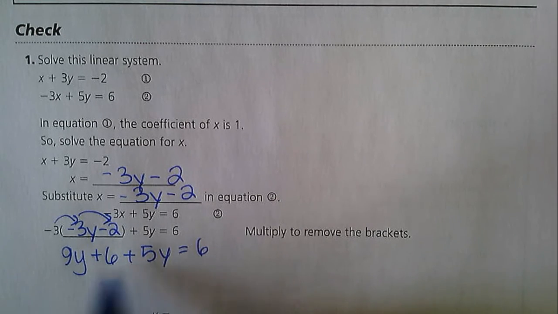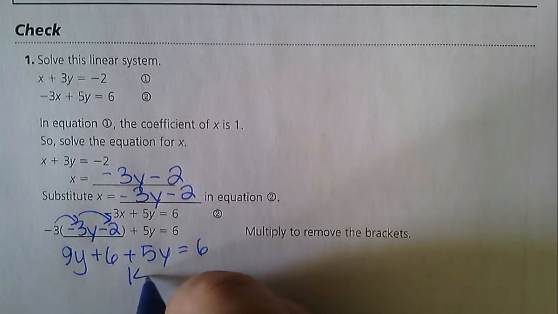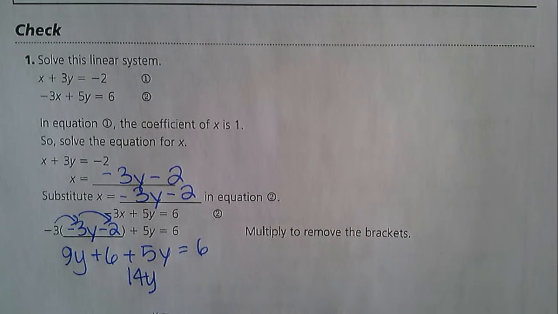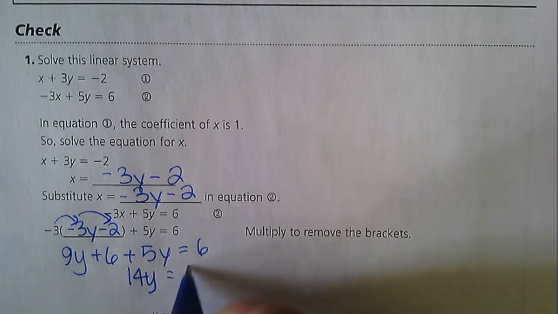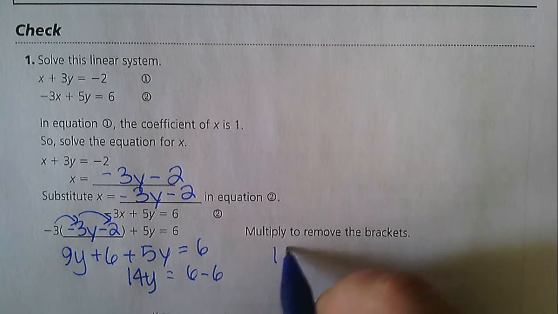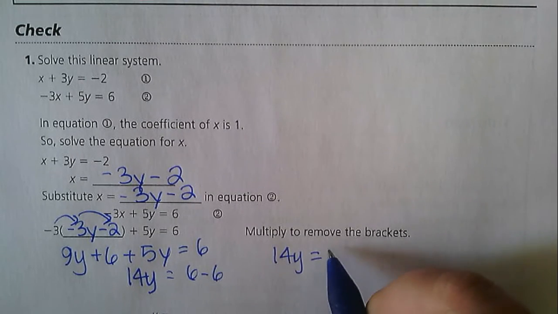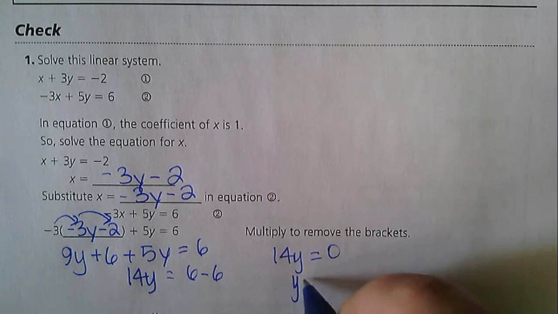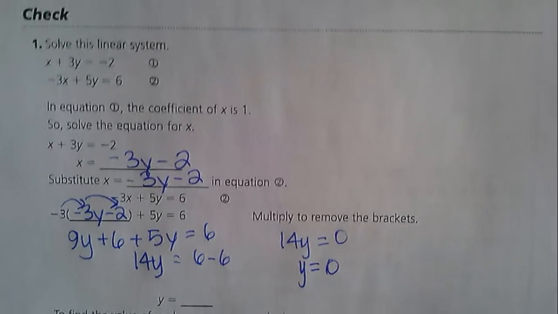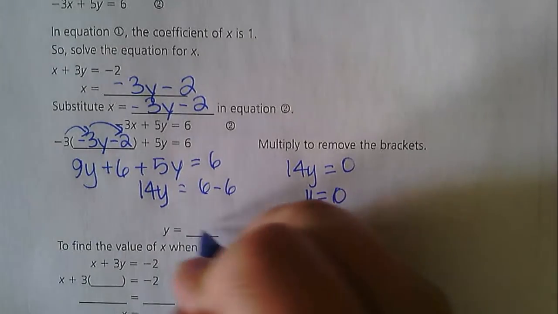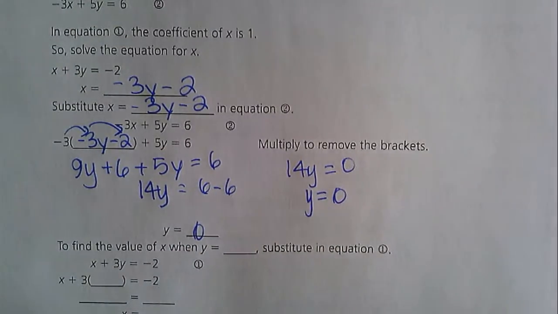We have 9y plus 5y is 14y. Okay, and then we can move the 6 to the other side. We end up with 6 minus 6. 14y equals 0. So that means y equals 0 because 0 divided by 14 is 0. So that means my y value here is 0.